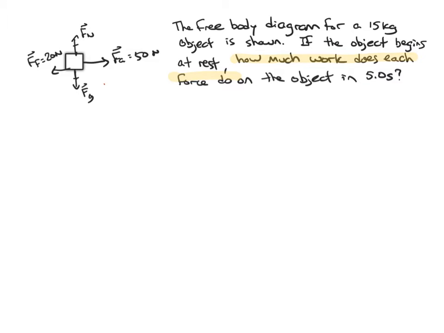So the velocity of this object, or the acceleration, but also the velocity, is going to point towards the right. Since gravity is straight down, gravity is at a 90-degree angle to the motion, to the velocity. So it's going to do 0 work because it's perpendicular.